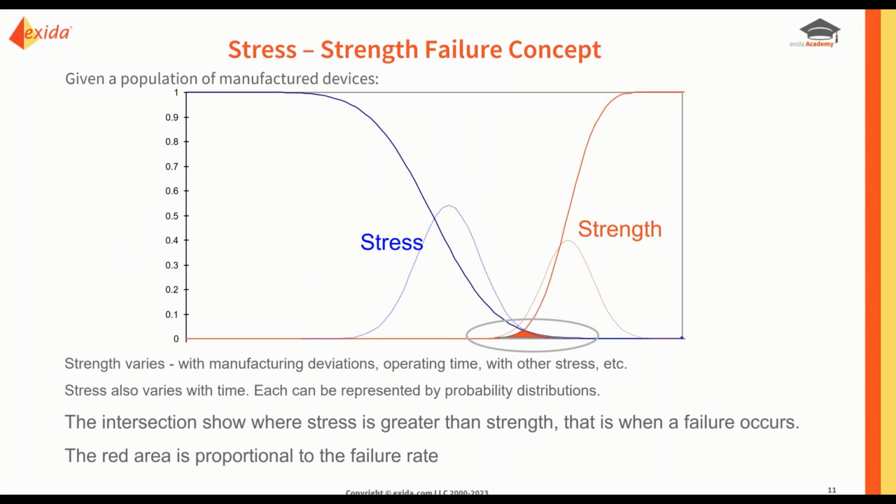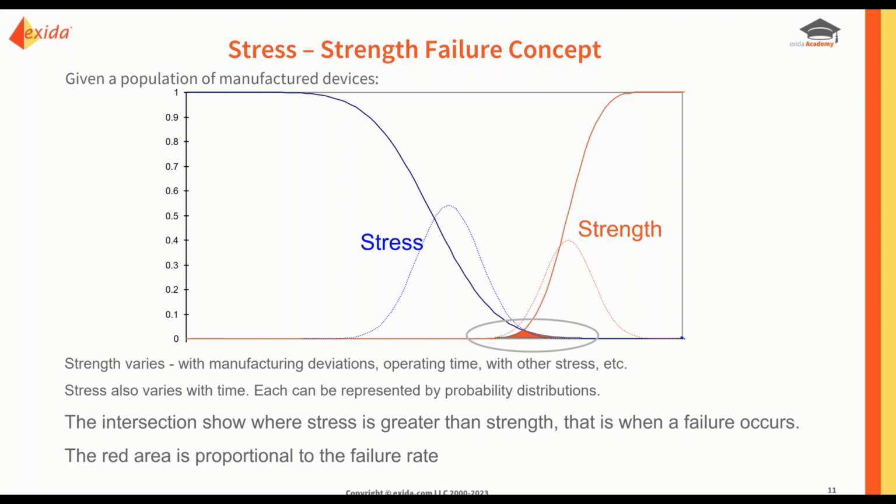One of the concepts that I find very useful, I learned it at Eindhoven University in the Netherlands, is the stress strength. They called it stress susceptibility failure concept. A failure occurs when stress is greater than the associated strength.